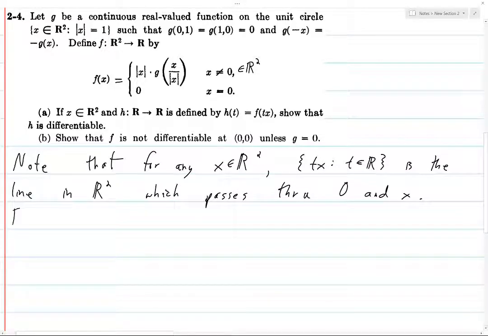So for any scalar a, we have h(at) equals, okay, I guess we should fix x in R2 and define h as above.